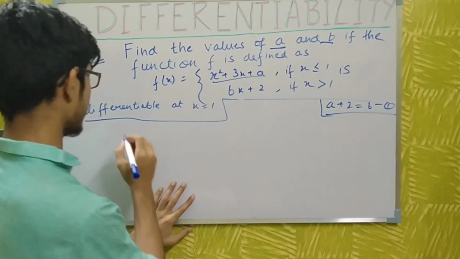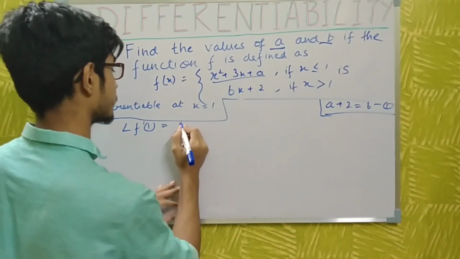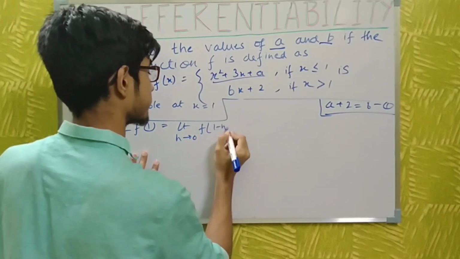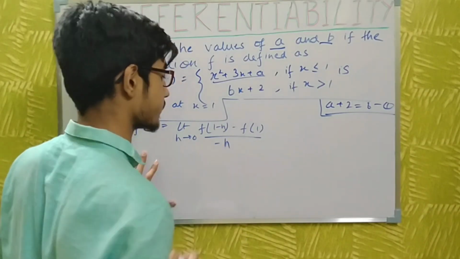Now let me find the left hand derivative, that is left hand f dash 1, which is equal to the limit h tends to 0 of f of 1 minus h minus f of 1, by minus h.